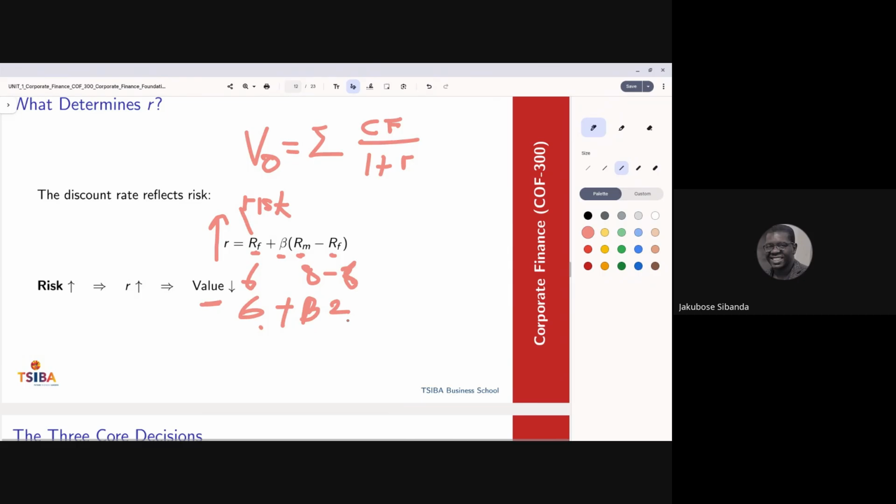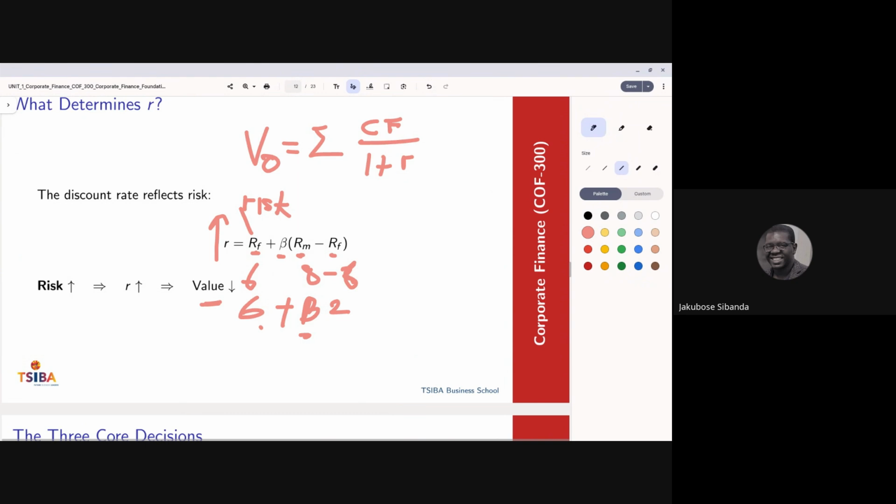And then if you've got a beta, the risk of a specific company relative to the stock market, that is the beta. So you should know that the risk of the market is one. Any company that has risk greater than one is riskier than the market itself, right?